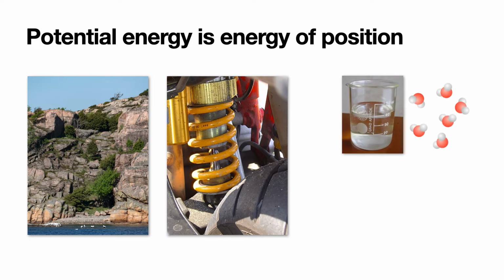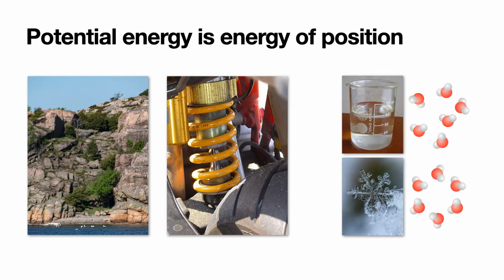So, for instance, liquid water has a fairly random arrangement of water molecules, and if those water molecules were to come into a more orderly arrangement and form a crystal, that would be a lower potential energy. Just like the liquid water, that arrangement of molecules would be analogous to the compressed spring or to the rocks at the top of a cliff. The water molecules in the ice crystal would be analogous to a relaxed spring or to the rocks at the bottom of the cliff.